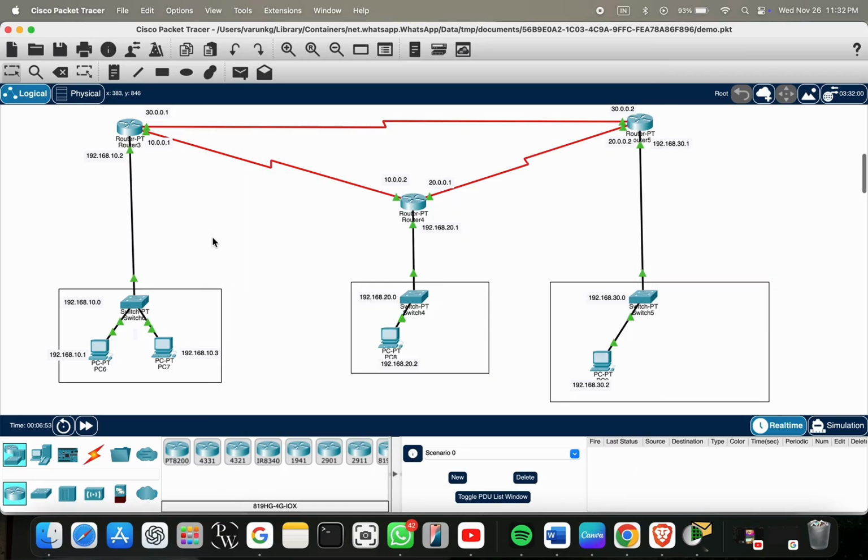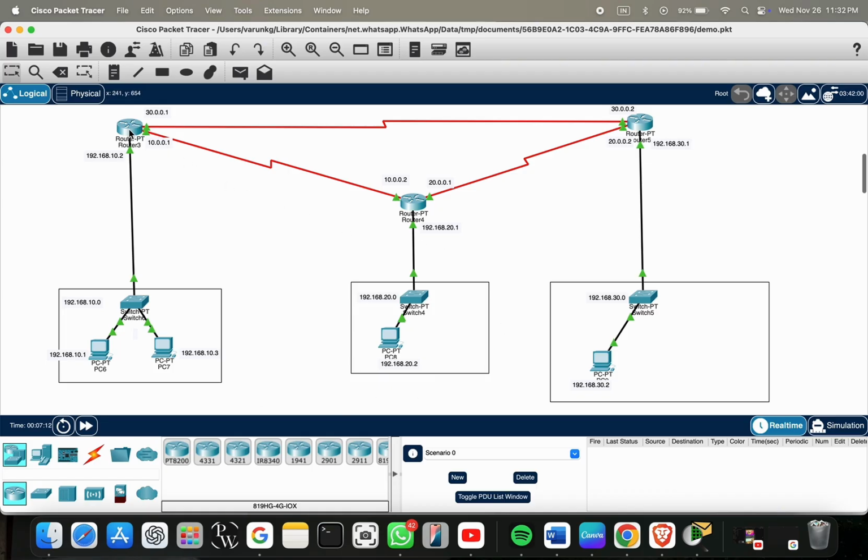Now this router 2 is connected to router 3 with 20.0.0.1 and 20.0.0.2. Router 1 and router 3 are connected with 30.0.0.1 and 30.0.0.2. And this is the basic structure of the RIP protocol.